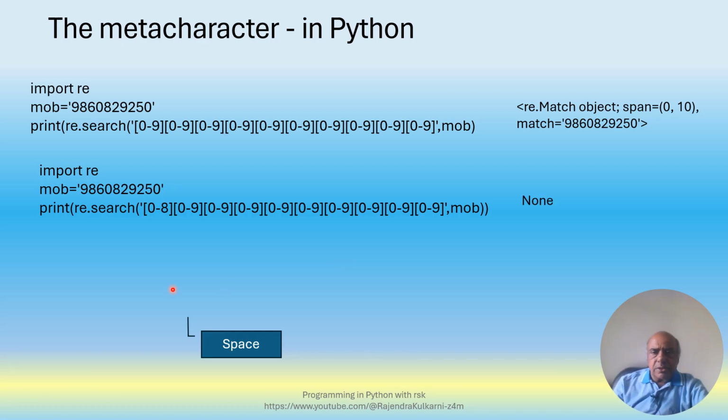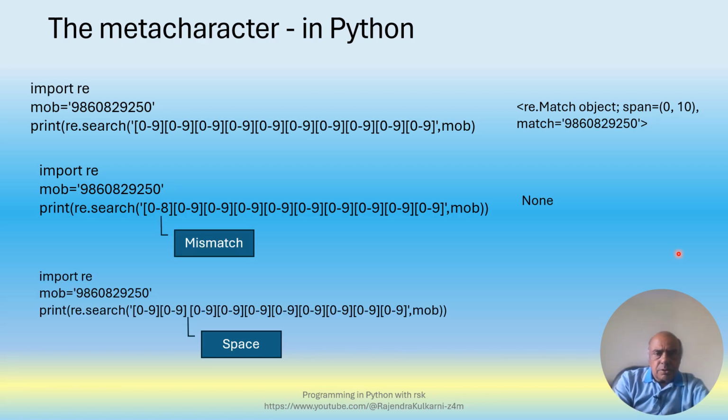Now we get a result None, because 0-8 is the search criteria, whereas our string's first digit is 9. So this is a mismatch.